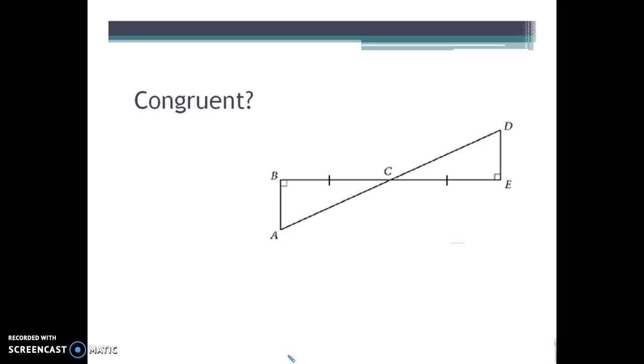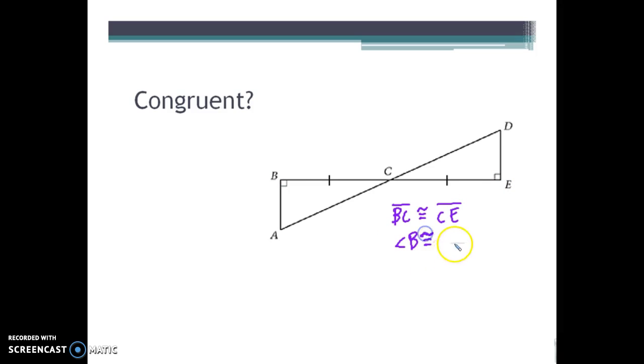So looking at this example, we want to see if it's congruent. We've got segment BC is congruent to CE, so that's one side. We've got angle B is congruent to angle E because they're both right angles.